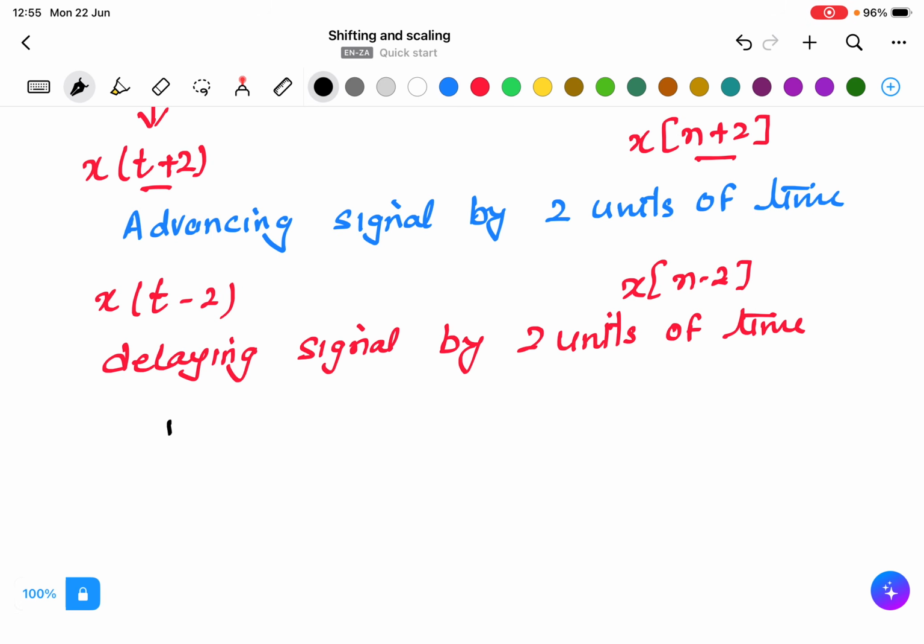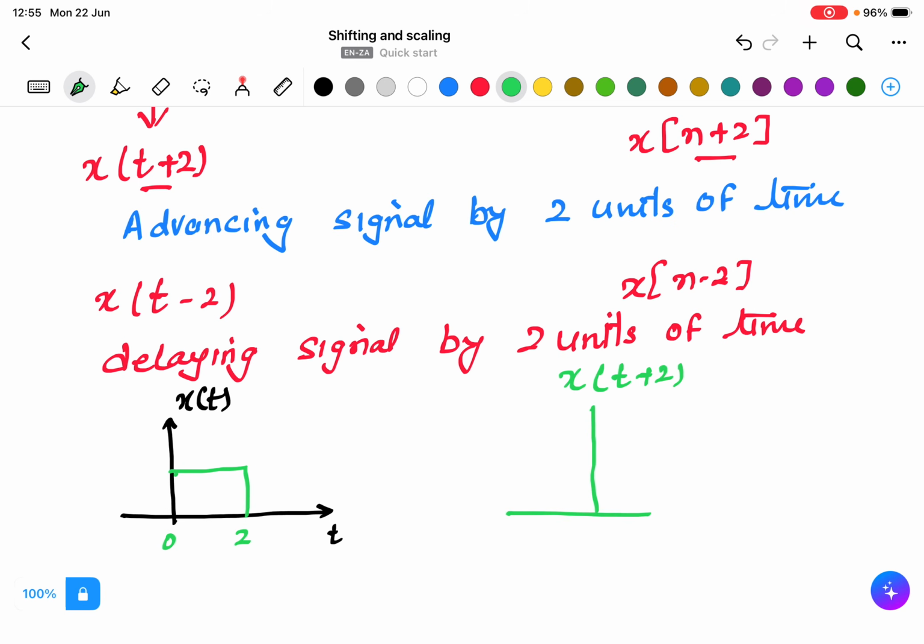So suppose this signal is given to you, from 0 to 2. If I do an operation x(t+2), plus 2 means that I am advancing this signal, as I mentioned earlier, by a value equal to 2.